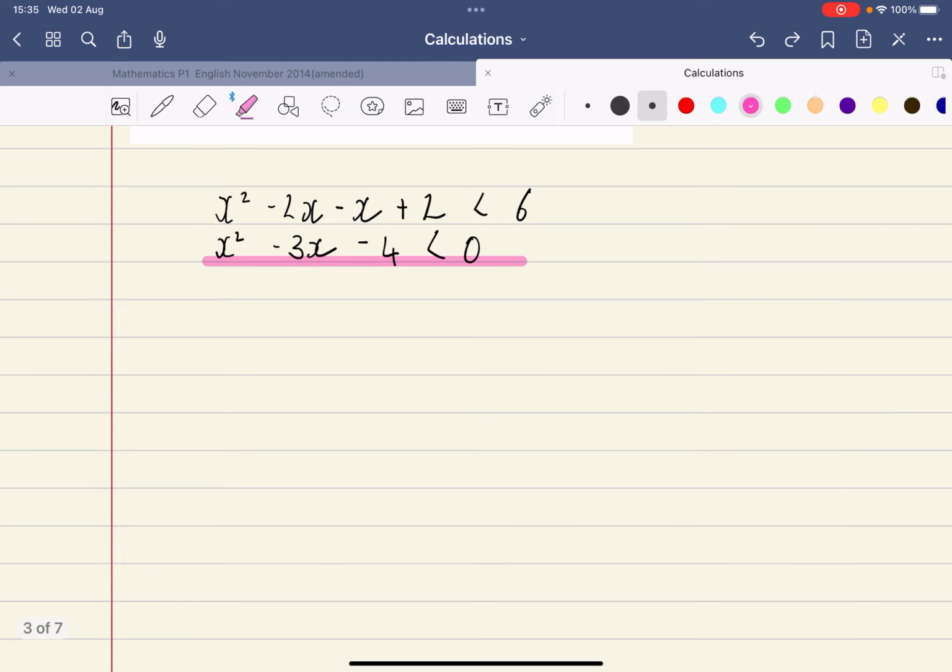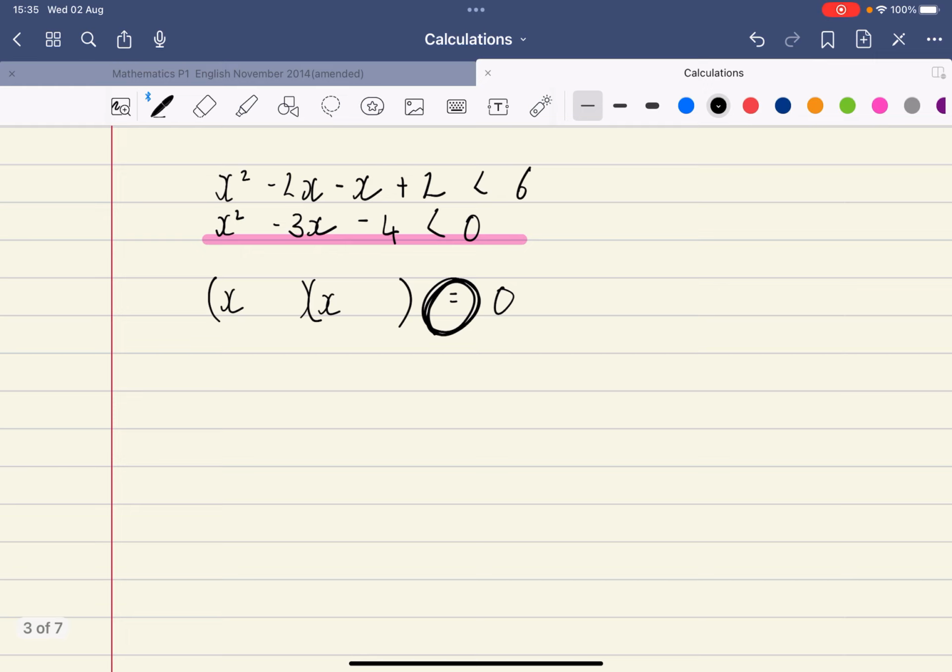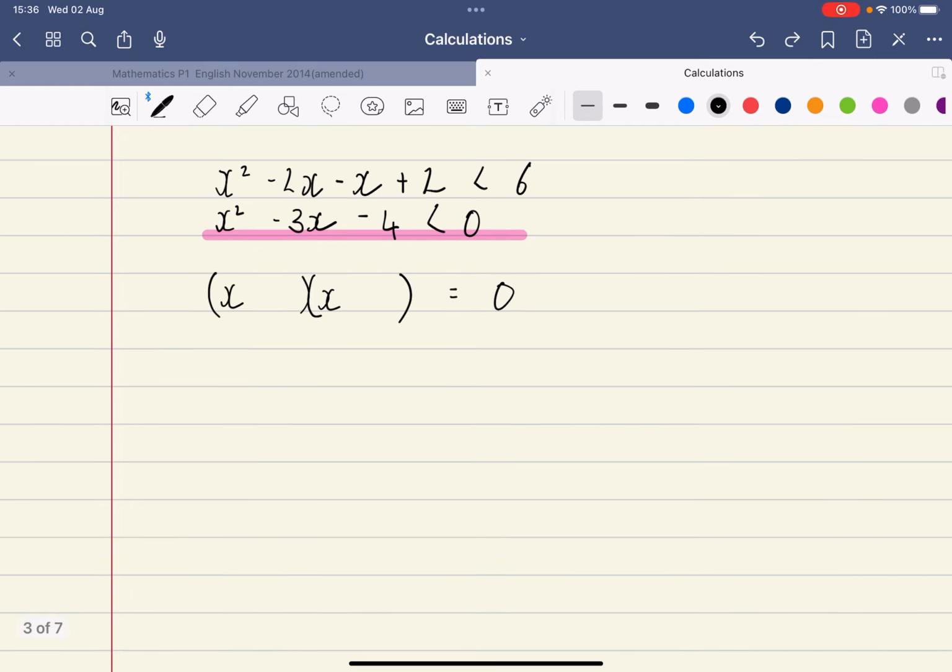So first, I notice we're dealing with a negative for the constant. So that means we're probably going to have different signs. So we know that our quadratic will look something like this when factorized. Now I'm putting an equal sign here because first I'm dealing with the roots of the quadratic. And now we continue.